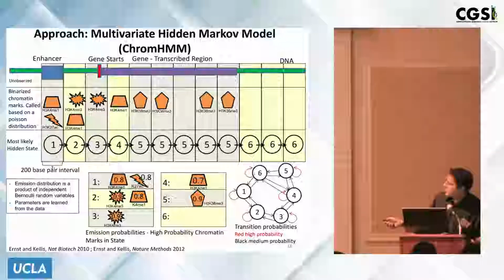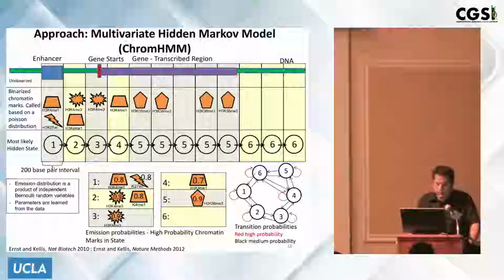In principle, this allows us to differentiate a location like this and a location like this, where at both locations we might not have observed any signal for a specific mark, but we can reason about the neighborhood information to infer that here we might still be in this specific domain, while here we're in this other state.